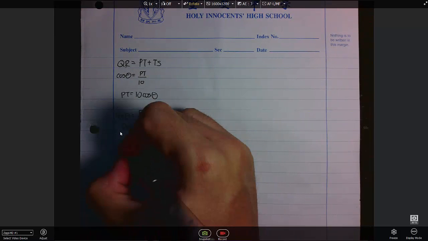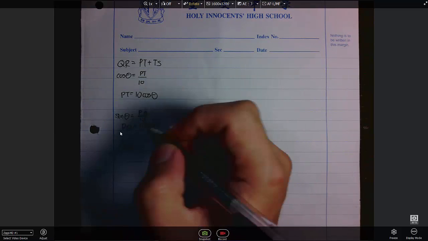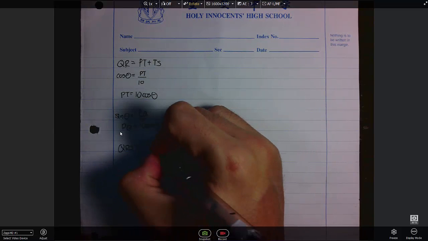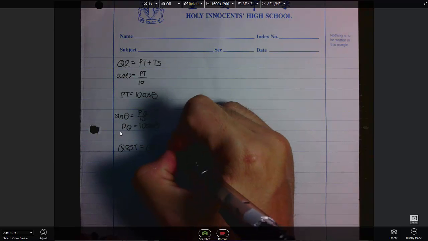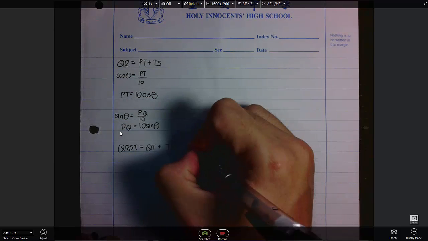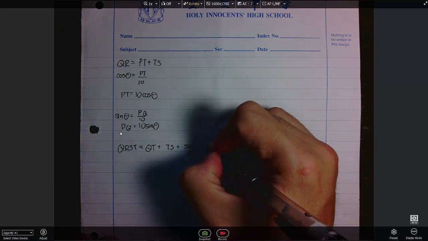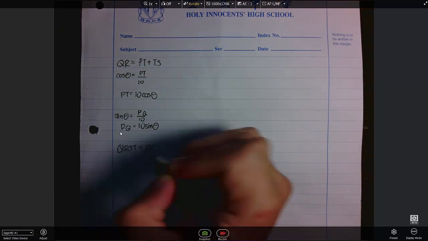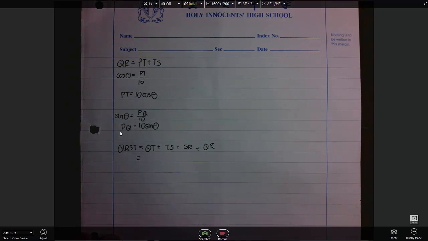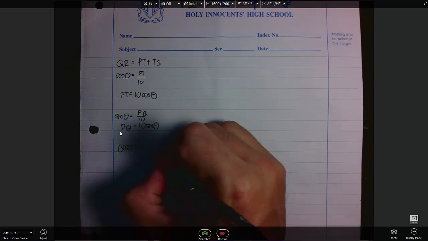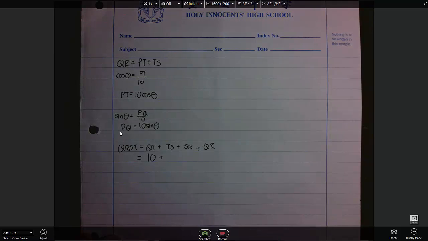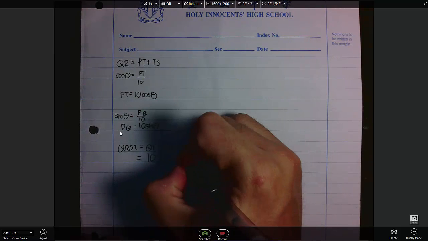Then first we say QR. We say the perimeter of QRST is equal to QT plus TS plus SR plus QR. So QT is 10. TS is given as 7.